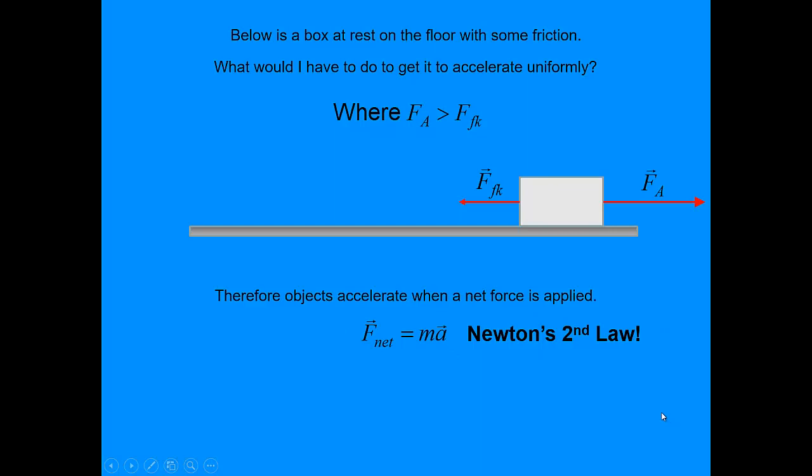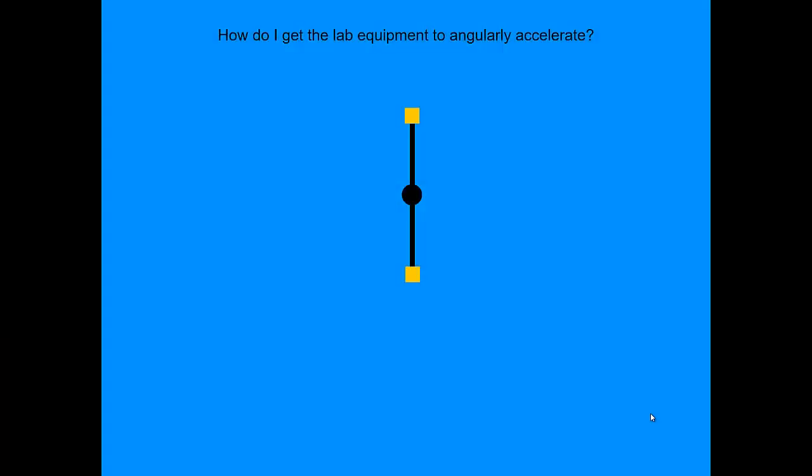Well, then that kind of begs the question, is there a rotational version of Newton's second law? Something that we can use to see why objects rotate with uniform angular acceleration. Well, let's consider the equipment we've been using. In order to make that equipment accelerate rotationally, angularly, if you will, we need to apply a force, but not just anywhere.